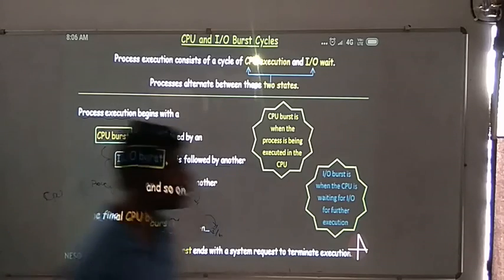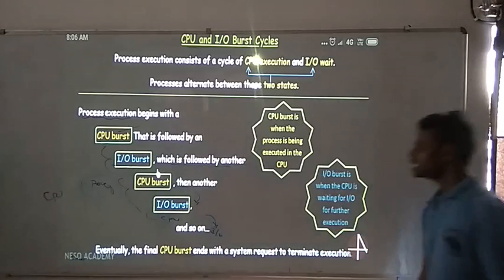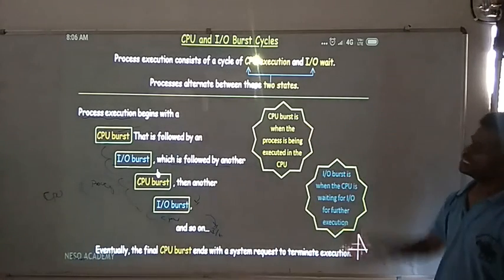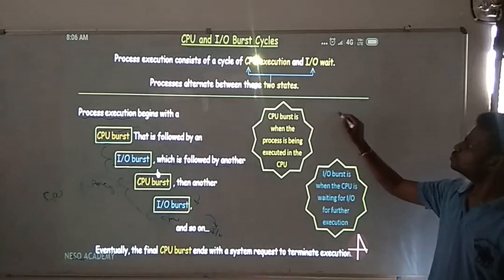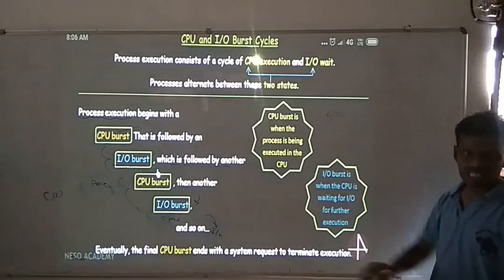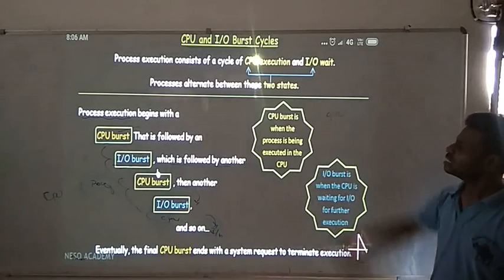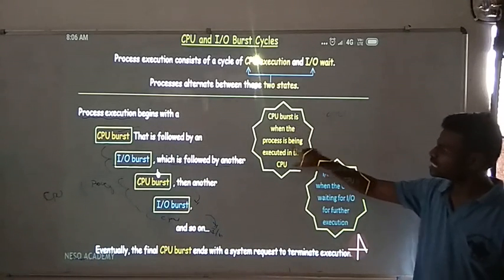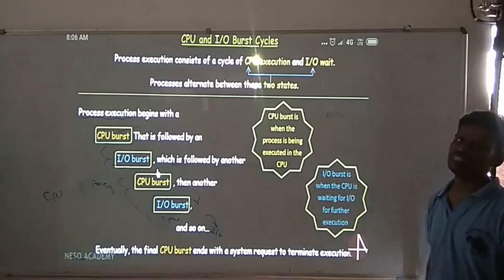Now let us try to understand what CPU burst and IO burst are. Whenever a process is in execution, it is taken by your CPU. The processor will execute those processes. CPU burst is when the process is being executed in the CPU.